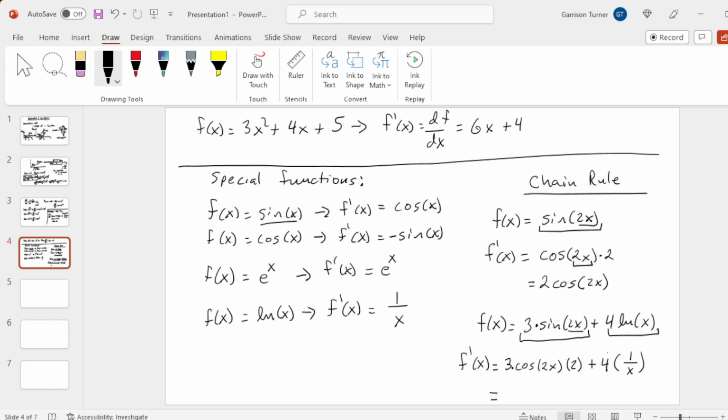So this is going to be equal to 3 times 2 is 6 cos 2x plus 4 over x. Okay?